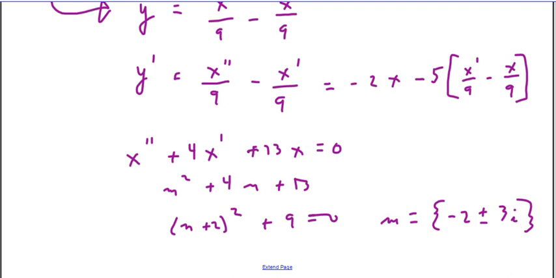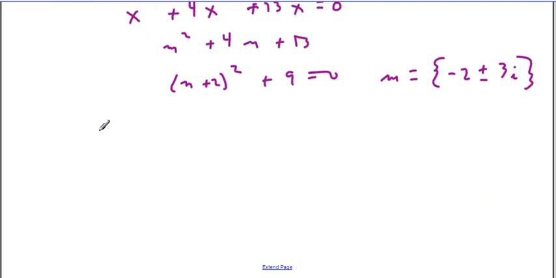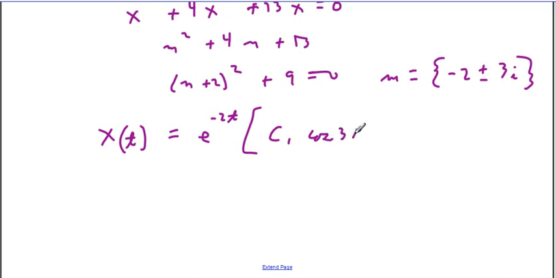So x of t from the characteristic equation is going to be e to the minus 2t quantity c1 cosine 3t plus c2 sine 3t. And we can't count that as our final answer because we have initial conditions.